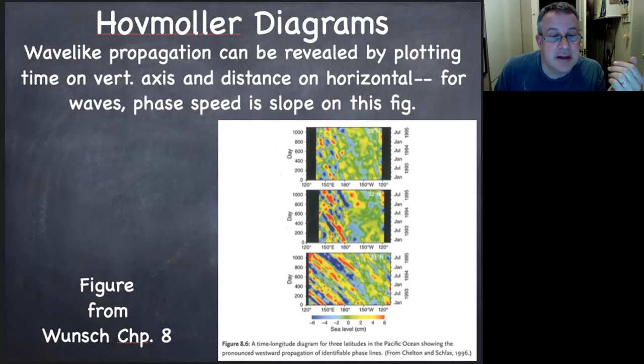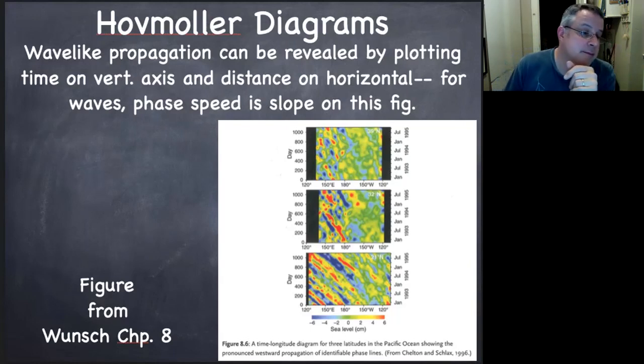At a different latitude, we see a different speed of propagation, but we still see westward propagation. And then at still a different latitude, we see an even slower speed of propagation. As time is increasing, it's not going as far to the west. This Hovmöller diagram is the idea that you put space on one direction and time on the other direction. Then you look at the structures that are propagated.